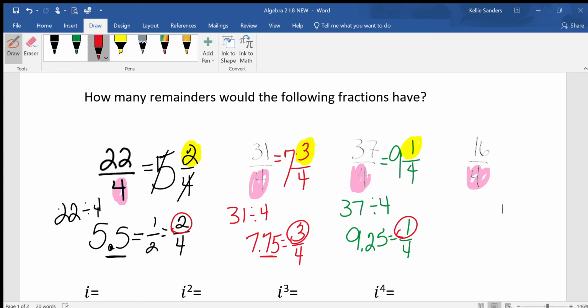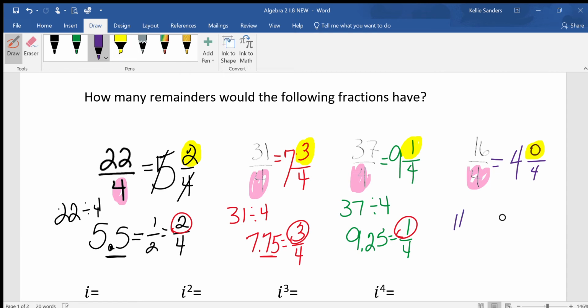Let's change colors. On this one, 4 goes into 16 4 times, with no remainder. You would never write this on any kind of problem whatsoever, but for today's lesson, let's just say that we are.